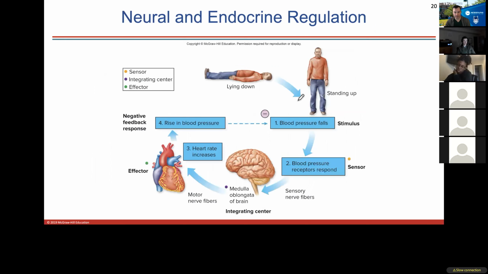So here they're looking at both neural and endocrine regulation. We have blood pressure. Homeboy is lying down. Homeboy gets up. If you've gotten up too fast, what have you experienced? Lightheaded. And you can sometimes pass out. Yeah, lightheadedness, right? Feel like you're going to pass out.